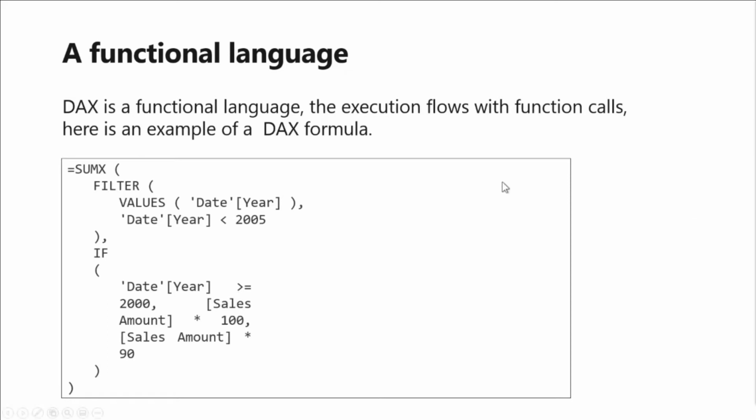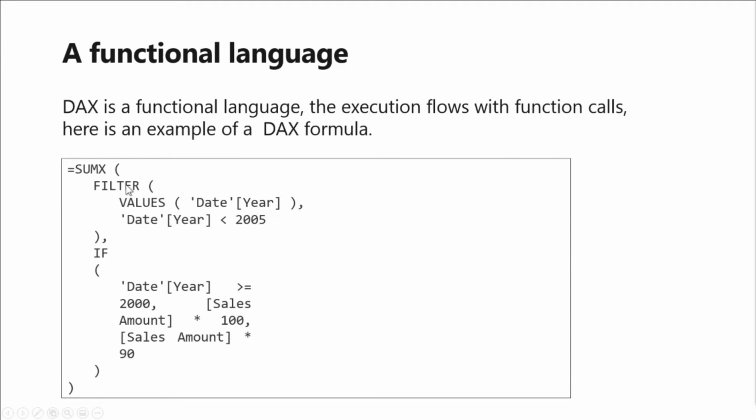So when I do a SUMX, I want to sum up a particular column. But if I pass it a filter function, I specify the condition of the filtering in here, because the main job of the filter function is to filter. You pass in the Year column from the Date table.